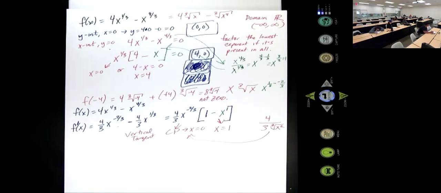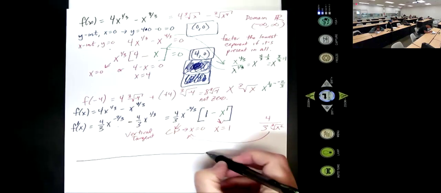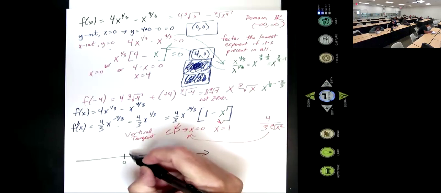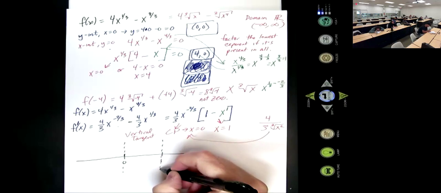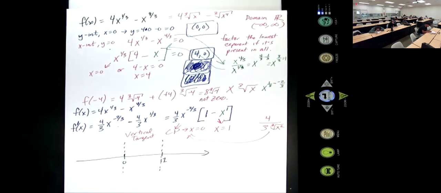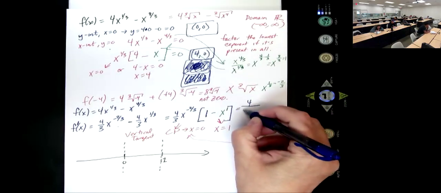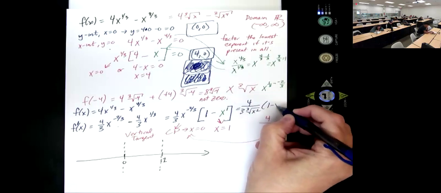Okay, so let's do our number line. 0 and 1. And that might be easier to look at with the cube root of x squared there times 1 minus x.